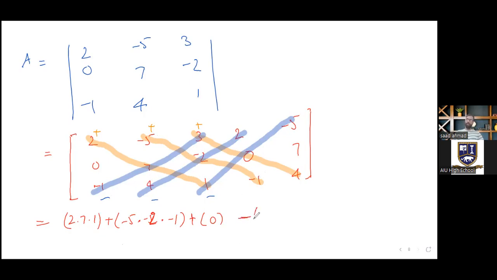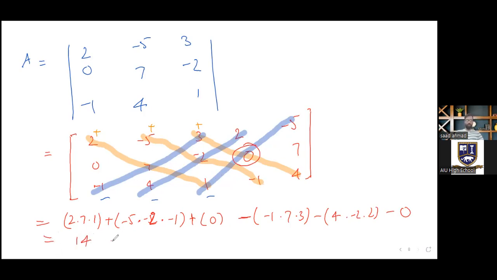So minus 1 times 7 times 3, and then minus 4 times minus 2 times 2, and then again the third one is 0, so we get this 0 in the middle, so when we multiply it, it will be 0. So now let's do it.